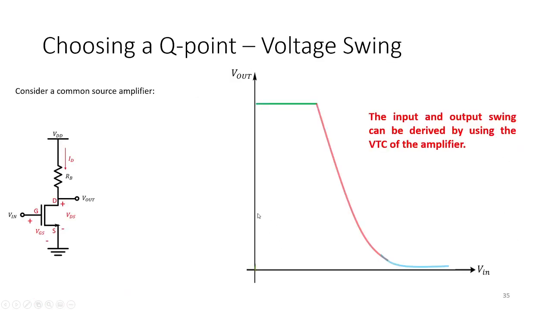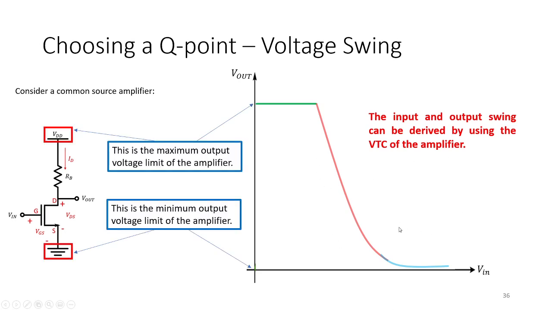How do we apply this? For example, consider a common source amplifier, shown here, and remember from the earlier discussion this is the voltage transfer characteristic of a common source amplifier. The input and output swing can be derived using this VTC.